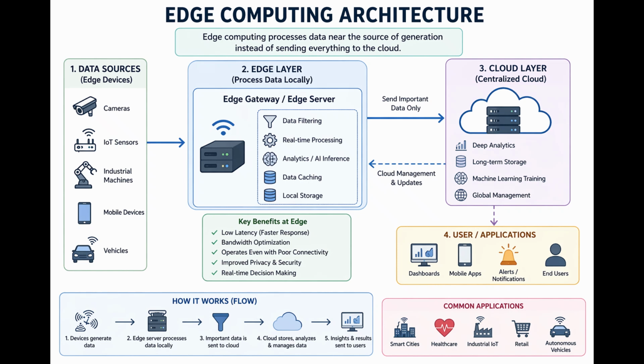Friends, this chart shows a complete detail of edge computing architecture. Edge computing processes data near the source of generation, that is your device, instead of sending everything to cloud.